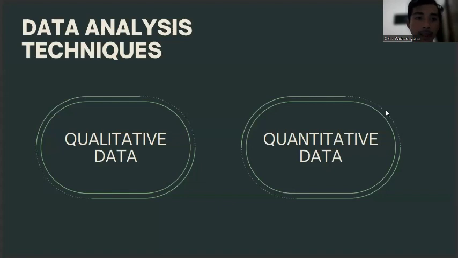Okay, next the data analysis techniques. The data analysis covers qualitative data and quantitative data. The first, qualitative data: according to Miles and Huberman, 1994, there are four activities for analyzing qualitative data.